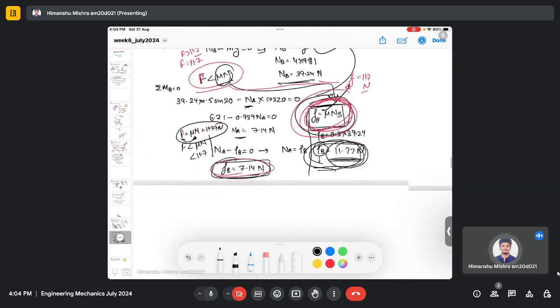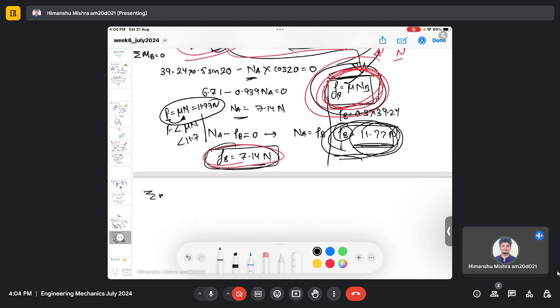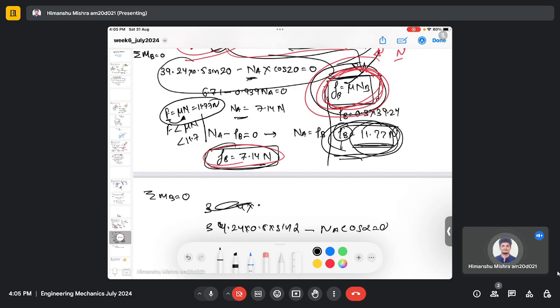Now if we use the moment balance equation around B, I will have the weight multiplied by 0.5, and instead of taking sine 20, I can now take sine alpha, and A cos alpha. So this is a similar equation to the one we have used.